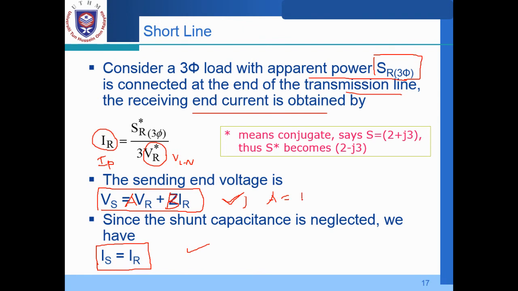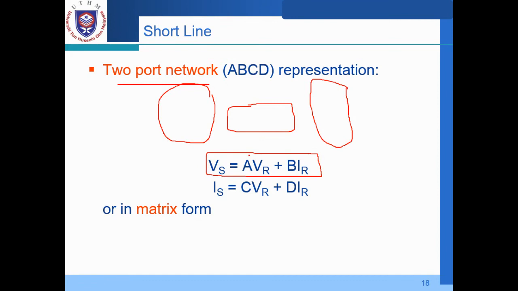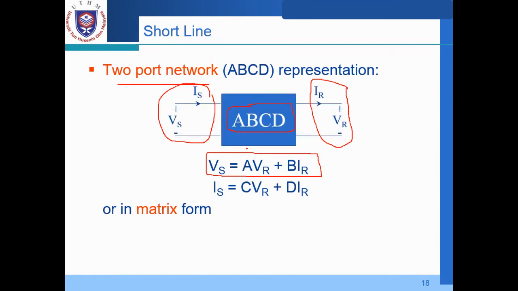Notably A equal to 1 and B equal to Z. Okay, we replace B with Z. So B equal to Z and A equal to 1 here.